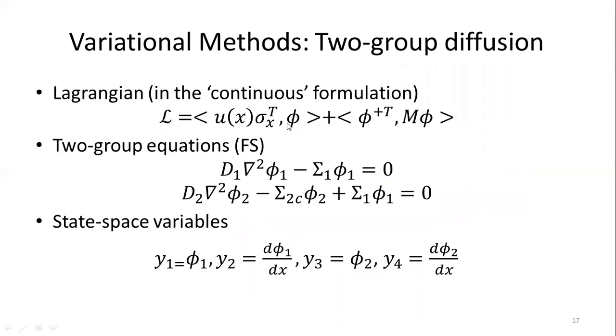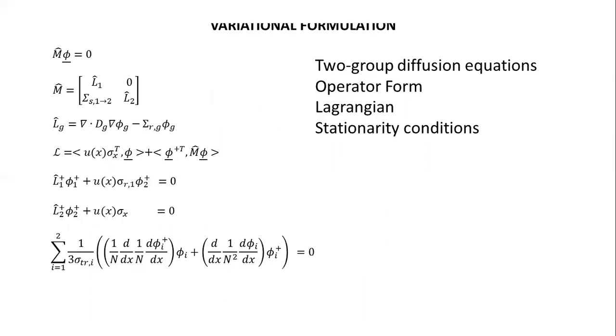Now, presently what is being done is that the same Lagrangian which I introduced earlier is being used in what is called a two-group formulation, which are basically two coupled ODEs which convert into 4 variables for state space, 4 state space equations. And the previous problems that you saw for illustration were simple because the control variable u was separate.